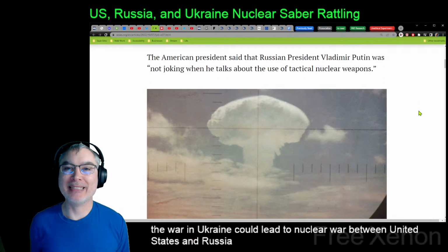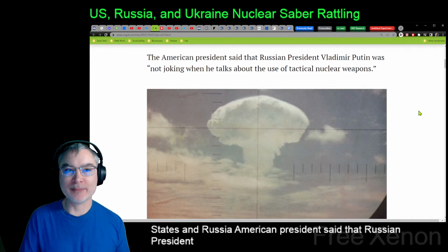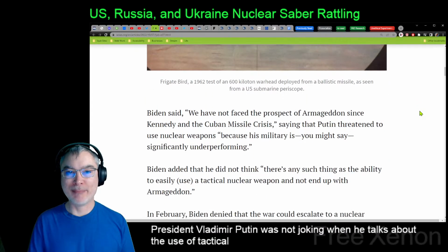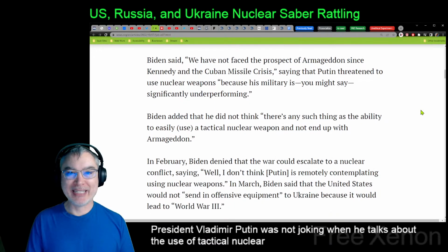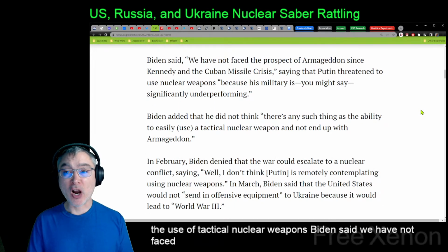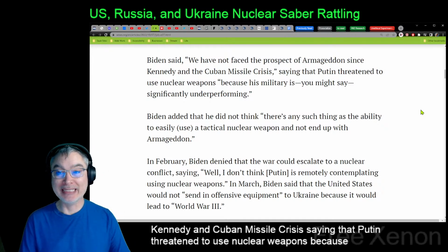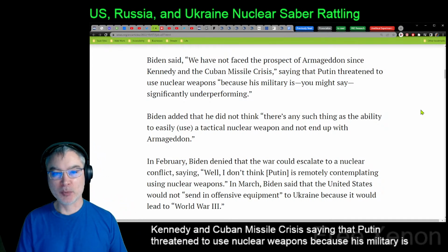The American president said that Russian President Vladimir Putin was not joking when he talks about the use of tactical nuclear weapons. Biden said, "We have not faced the prospect of Armageddon since Kennedy and the Cuban Missile Crisis," saying that Putin threatened to use nuclear weapons because his military is, you might say, significantly underperforming.